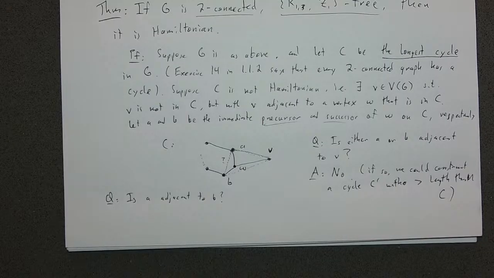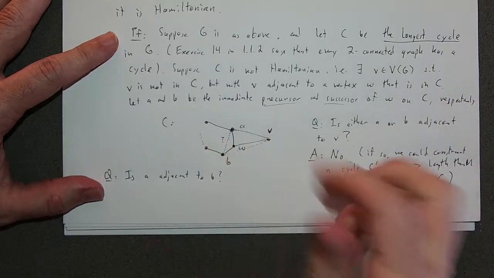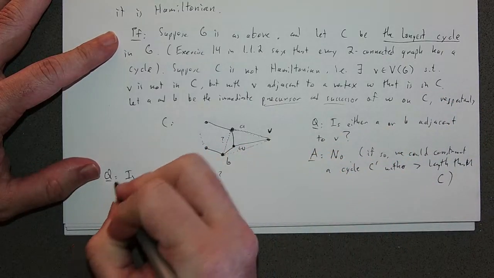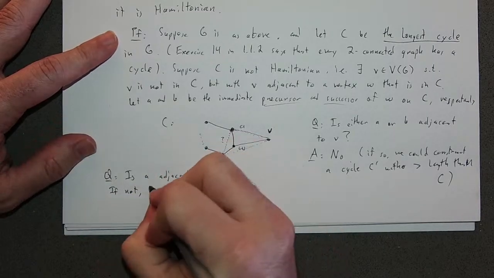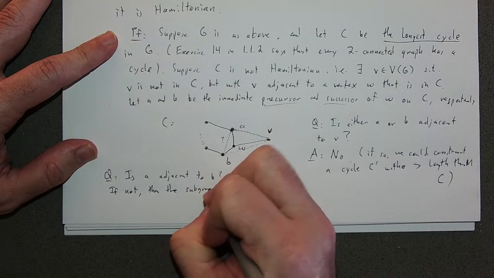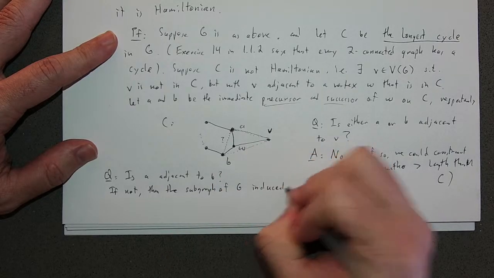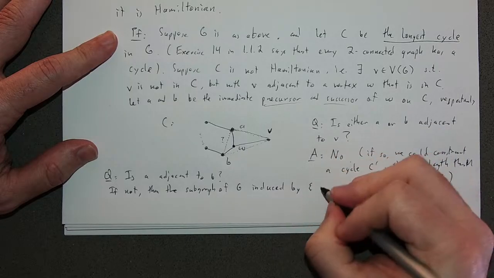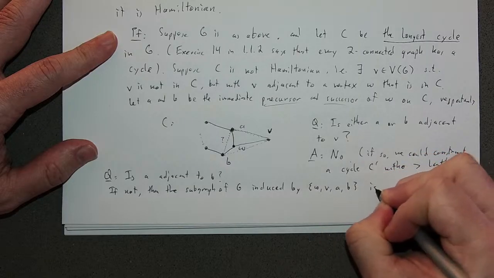Well, if A is not adjacent to B, then the subgraph of G induced by the vertices W, V, A, and B is what?